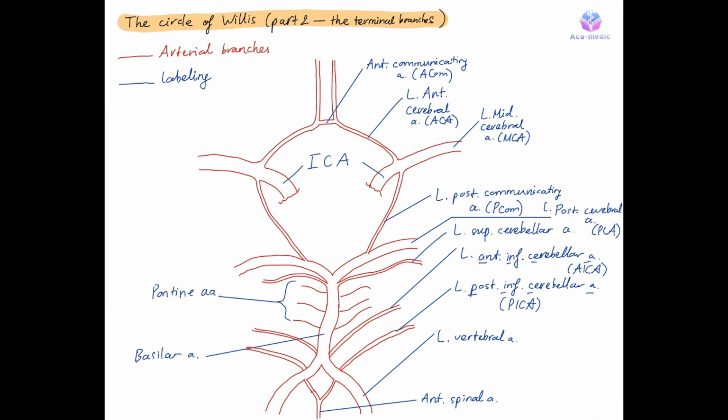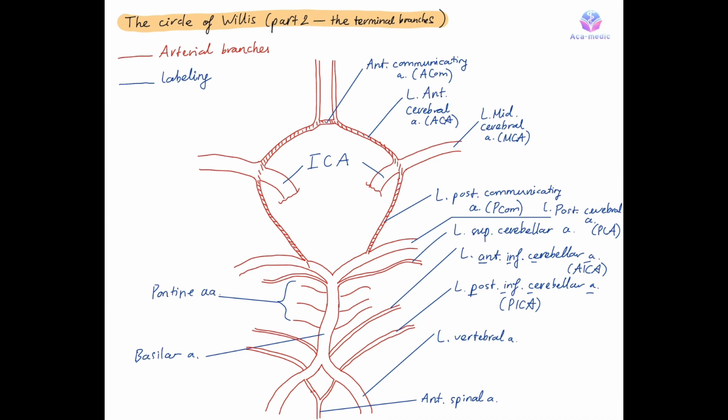Okay, so now let us see what is defined as the branches that make up the circle of Willis. So the circle of Willis is going to be made up of the ACAs, anterior cerebral arteries, on either side like this. Then the ACOM, which is basically the anterior communicating artery in the middle. Then it is going to go down like that to the posterior communicating arteries on either side.